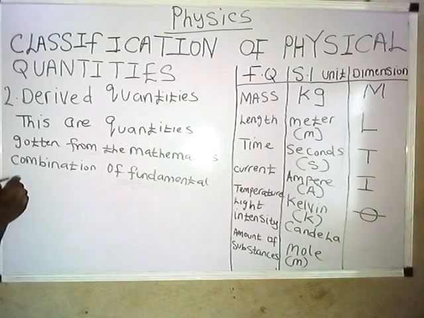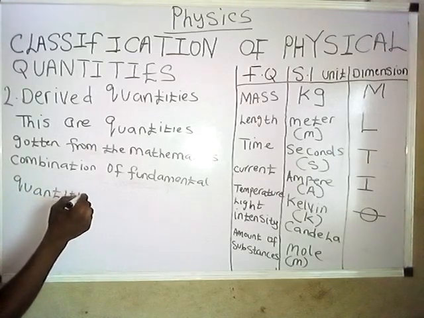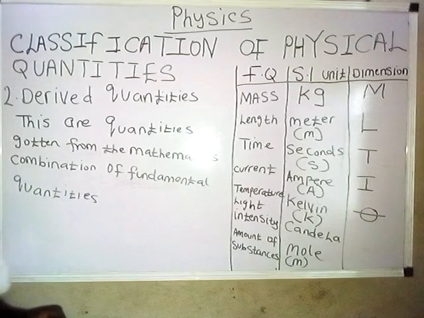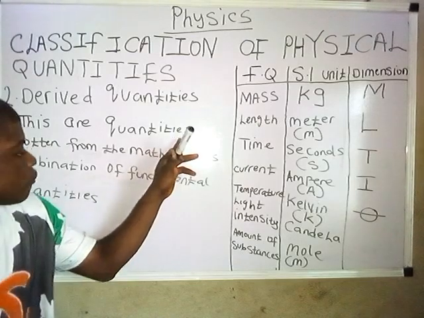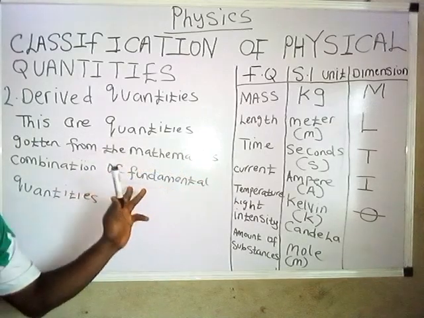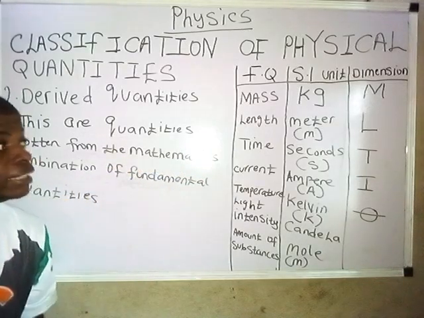This is the definition of derived quantity. So let me go again. These are quantities gotten from the mathematical combination of fundamental quantities. Very simple, it's not hard.